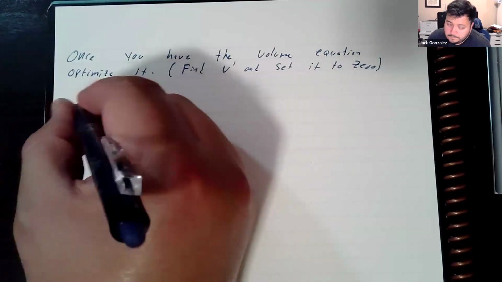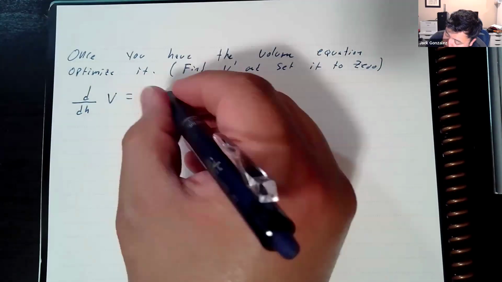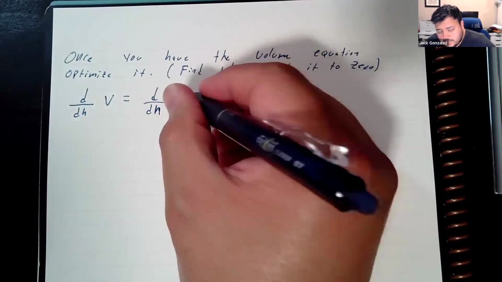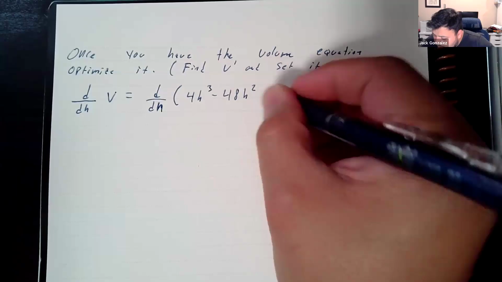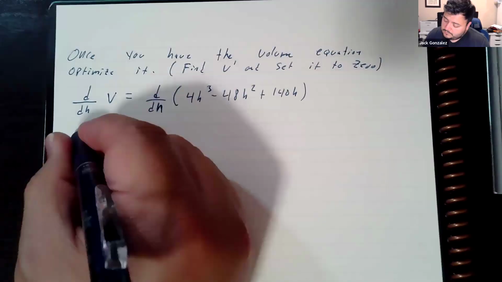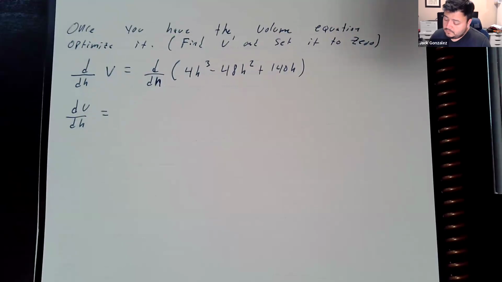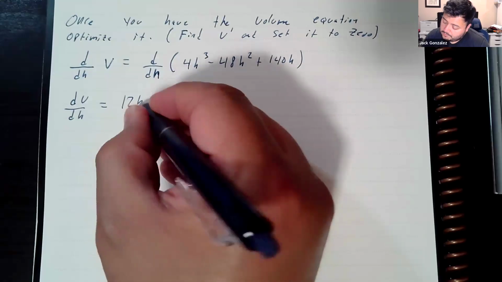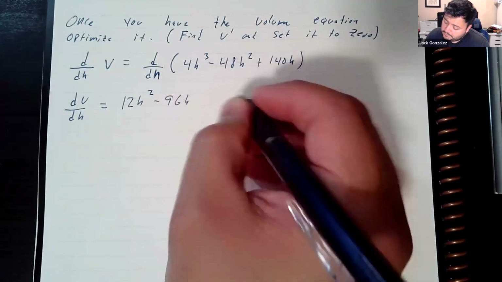Obviously, with respect to height, because everything's in terms of height now, making this much easier. So we got 4h cubed minus 48h squared plus 140h. So this becomes dV/dh, the change in volume with respect to height, which will be 12h squared minus 96h plus 140.